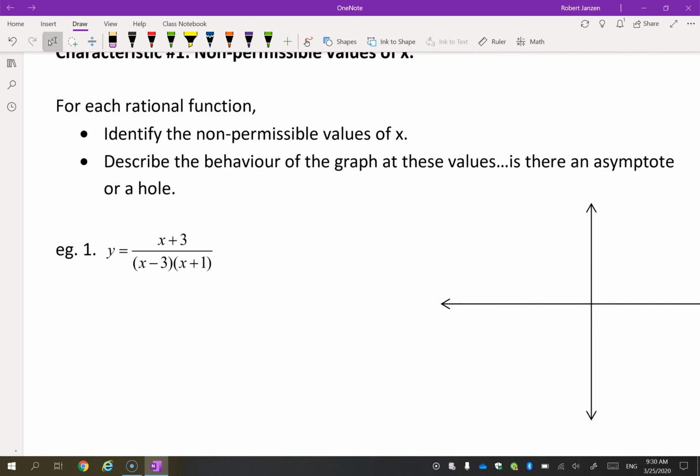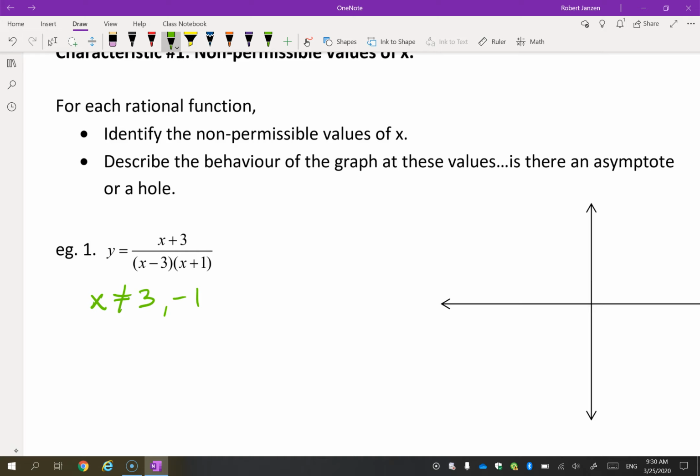Okay, so in this case, what are the non-permissible values? X cannot be 3 and negative 1. Because if we had those 2 values, you would have 0 in the denominator. And now what happens at those locations?